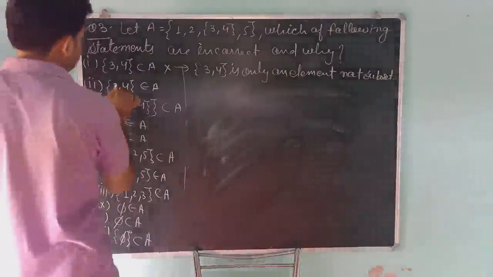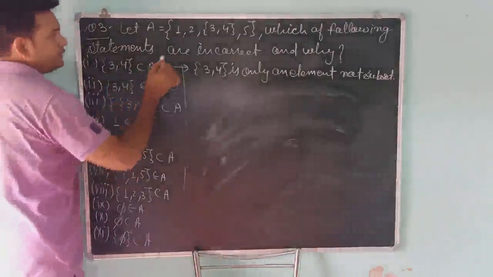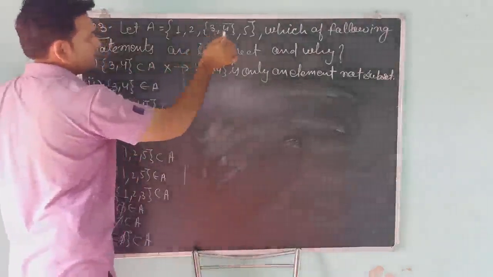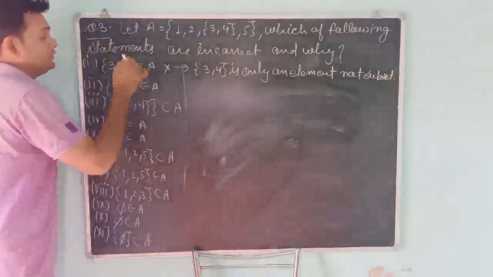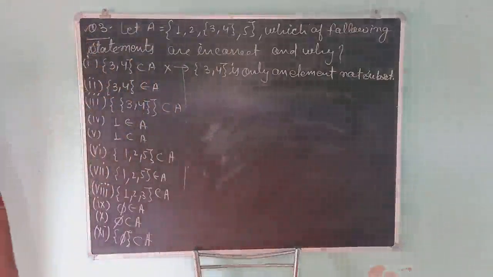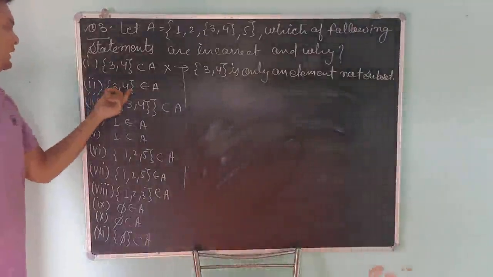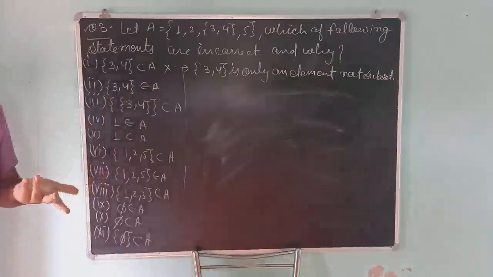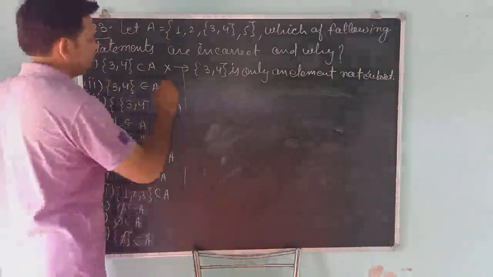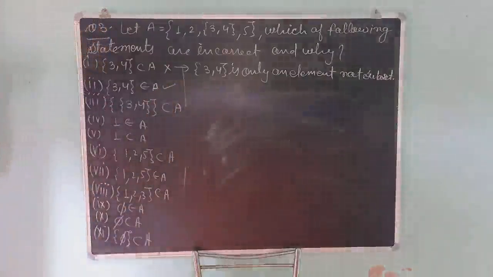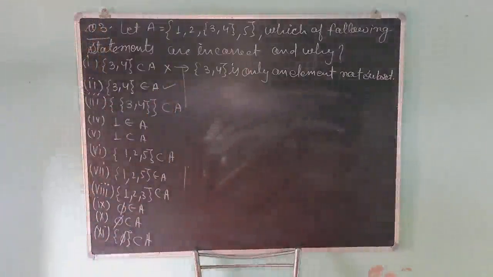According to the second part, {3, 4} with bracket belongs to A. Here we are using the symbol of belongs to, and you know this is an element, and an element always belongs to any set. So this is right. This is a correct statement.